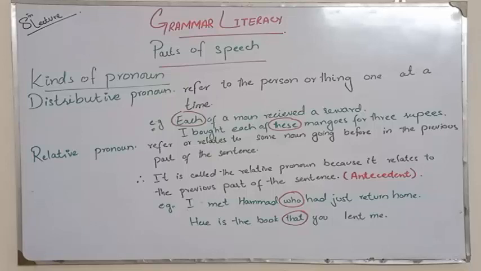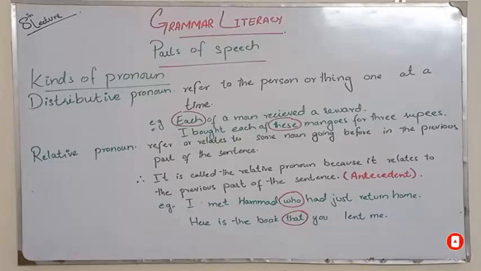Here we are going to put the stress on these mangoes, but basically each of is the distributive pronoun. So here these are some specific mangoes that he has bought, and all of these specific mangoes are 3 rupees only. So he is talking about the things at one time. This is called the distributive pronoun.